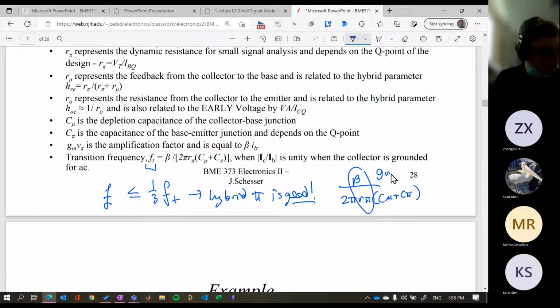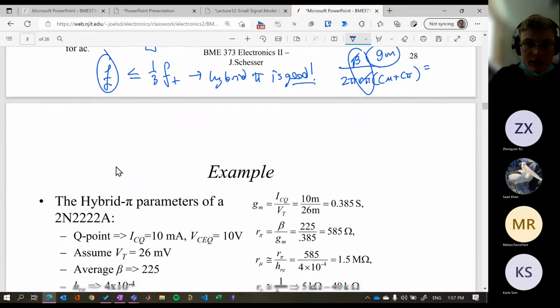Beta on R pi is gm, so we could also have gm on 2 pi, on C mu plus C pi. And that's essentially going to govern the frequencies that we can consider this model to be good.